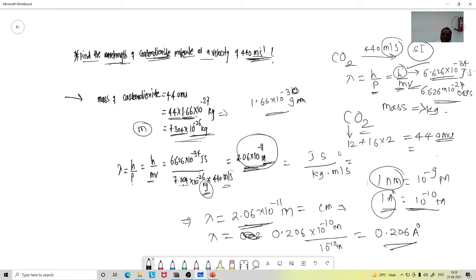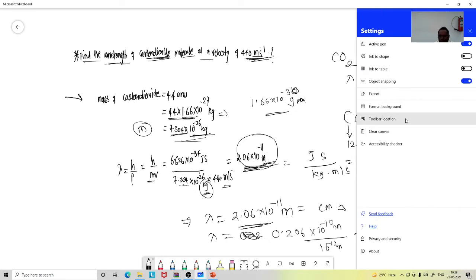Joule second divided by kilogram meter per second, all the units will get cancelled, only meter will be there. Unit conversion is not part of this topic, therefore the lambda value will be in the meter unit, the SI unit. Remember that. I hope you have understood this problem.